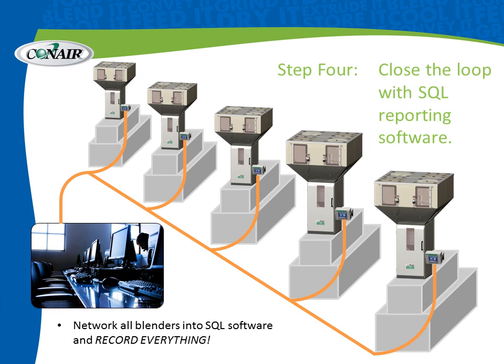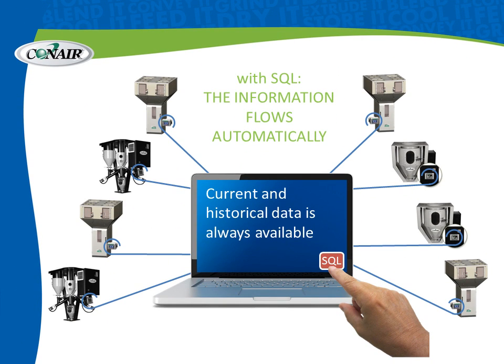But step four actually illustrates the best way to gather data. We close the loop with SQL reporting software. So we network all of the blenders together and use SQL software and record everything. And a very key point of SQL reporting software is that the information flows automatically.